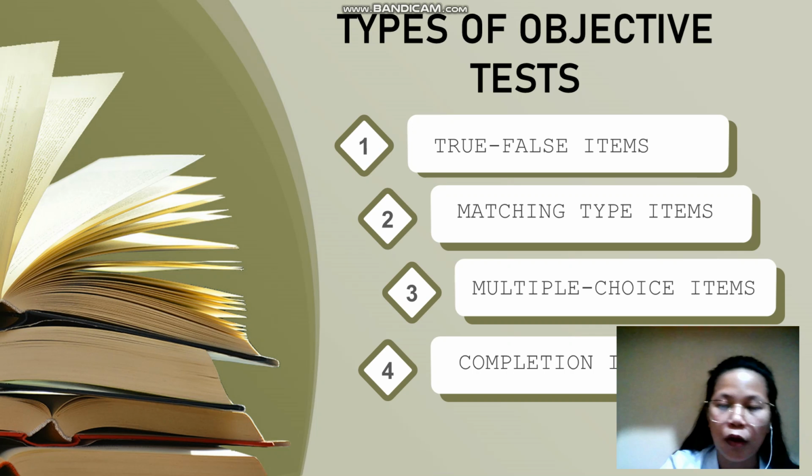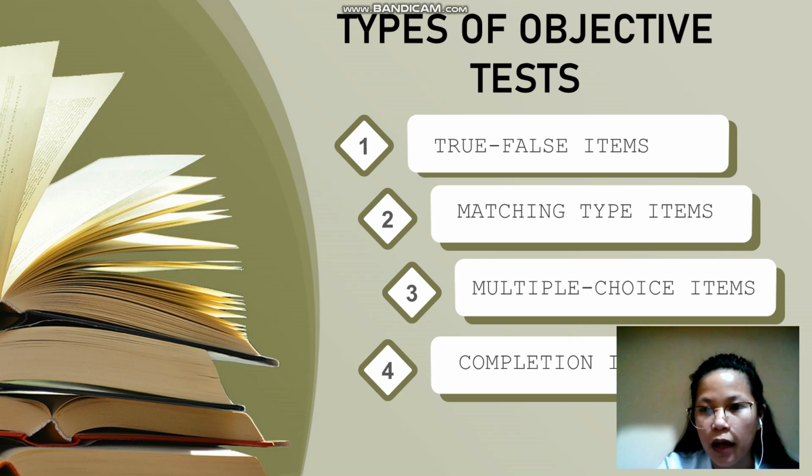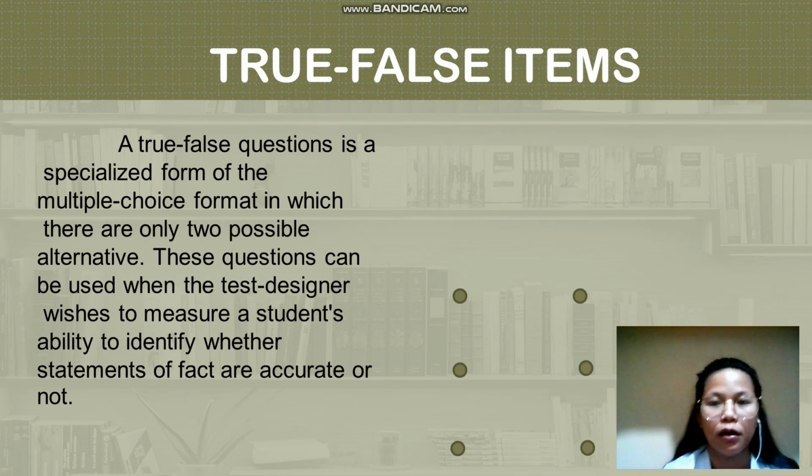And there are four types of objective tests: the true or false items, matching type items, multiple choice items, and completion items. First is the true or false item. A true or false question is a specialized form of the multiple choice format in which there are only two possible alternative answers. We all know the meaning of true or false.